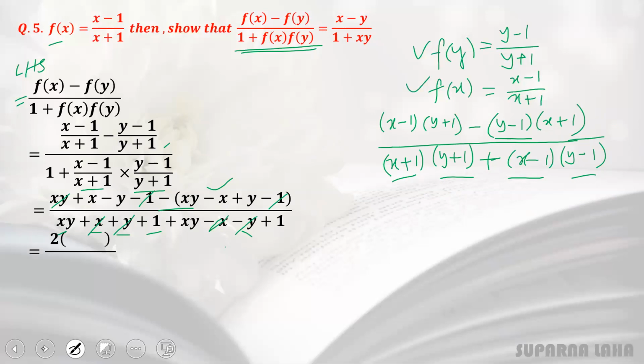So remaining terms are 2 into (x minus y), and the denominator is 2 into (1 plus xy). Then 2 cancels, so write it down, (x minus y) by (1 plus xy).